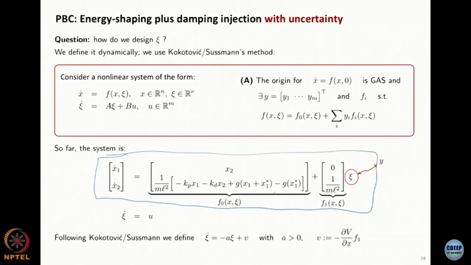You can see here the kp q tilde term, this is the kd q dot term, and this is the gravity, just g of q. And this is the ideal compensation that I don't have.